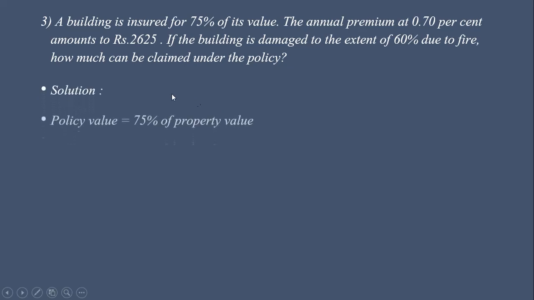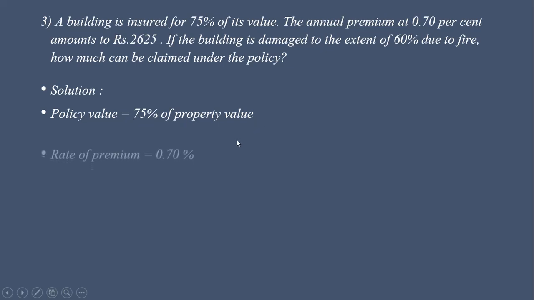Therefore, here a building is insured for 75% of its value. That means policy value is equal to 75% of property value. Second thing which is given, annual premium at 0.70%, that is rate of premium is given.